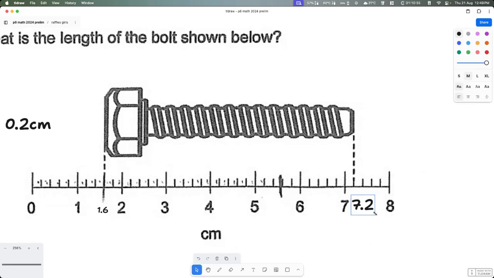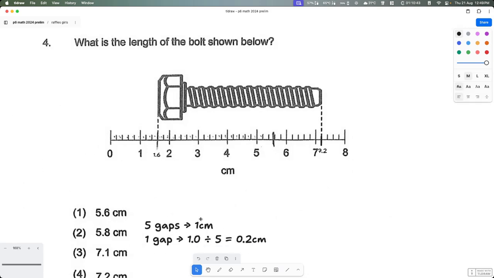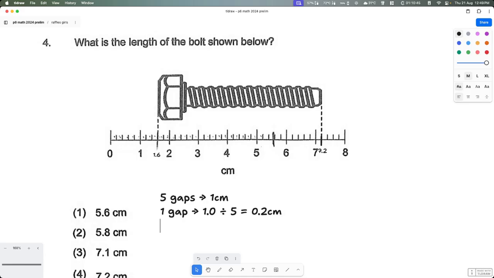Let me draw a line so it's easier for you to put it down. So 7.2. The length of the bolt is equal to 7.2 minus 1.6, which equals 7.2 minus 1.2 minus 0.4.